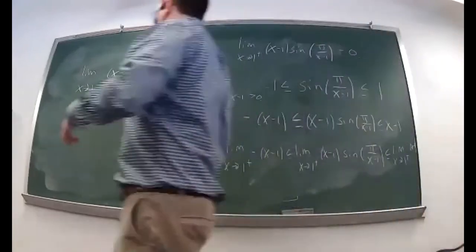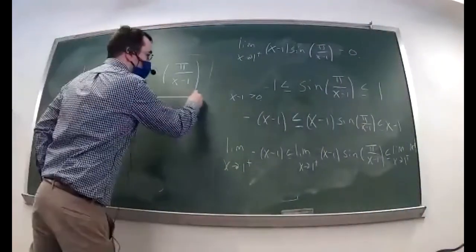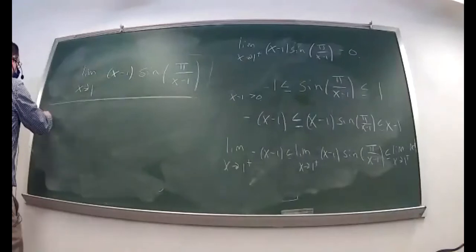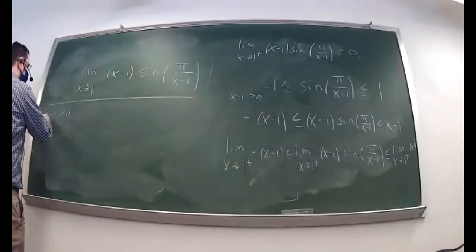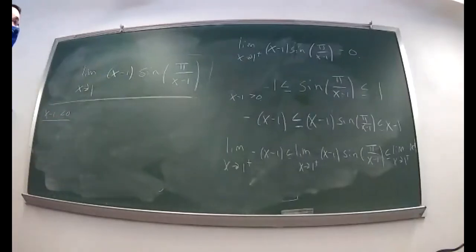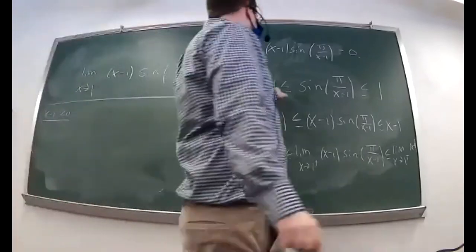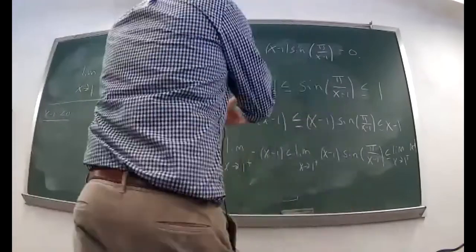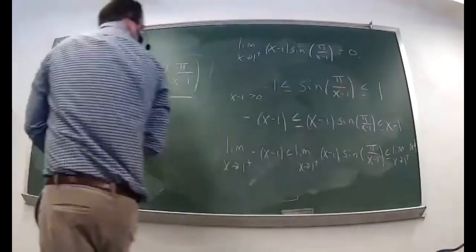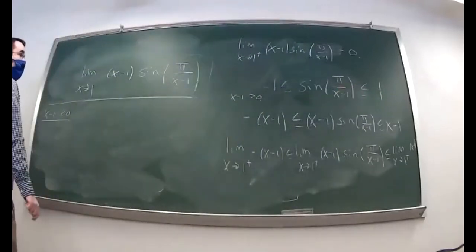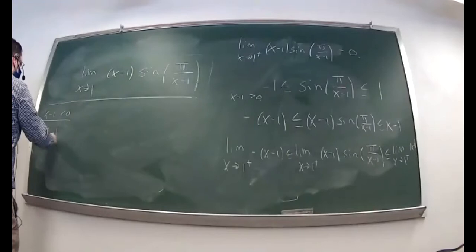So you could just do another argument. So you could say, what if x minus 1 is less than 0? And then when you take this inequality and multiply through, both inequalities will flip. So let's see that. So I get now x minus 1 times minus 1.